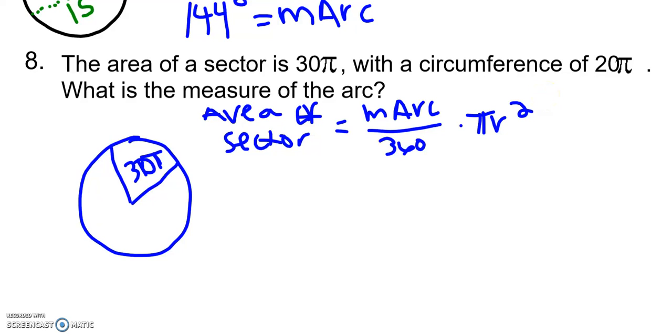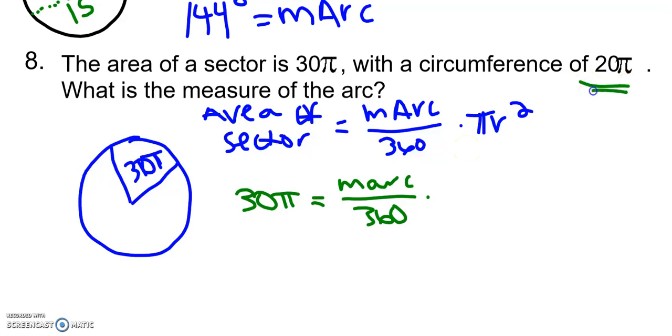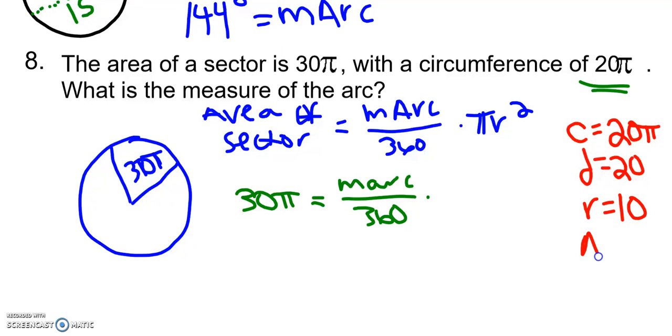Alright, so from our problem we already know the area is 30 pi equals the measure of our arc divided by 360. So here we need to figure out what that area is. So we're going to use that our circumference is 20 pi to figure that out. Okay, so we know circumference equals 20 pi, so then we know our diameter equals 20, so then our radius equals 10, so then our area equals our radius squared times pi.